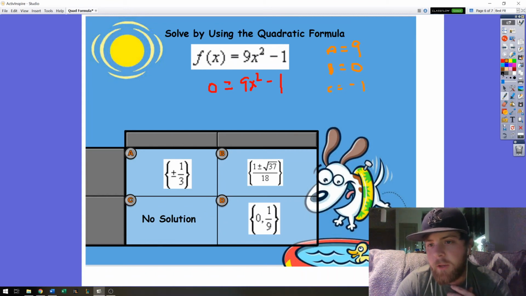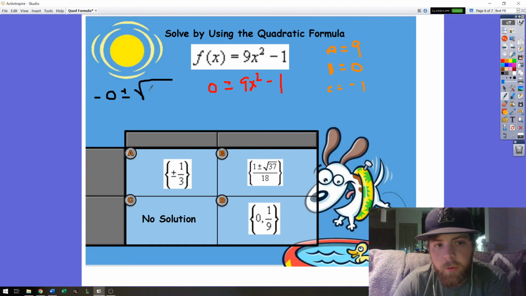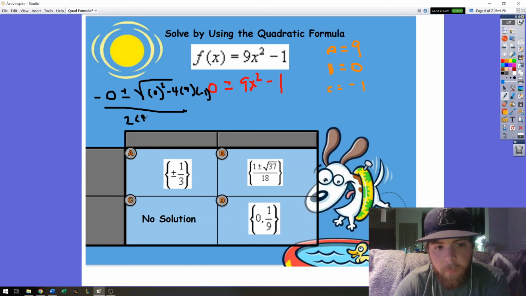Okay, so let's go ahead and plug that into the quadratic formula. So negative b, so negative 0, plus or minus the square root of 0 squared minus 4 times a, which is 9, times c, which is negative 1, over 2 times 9.